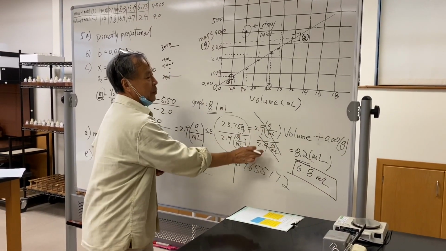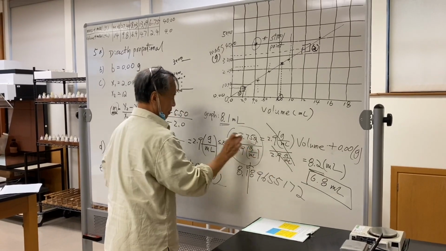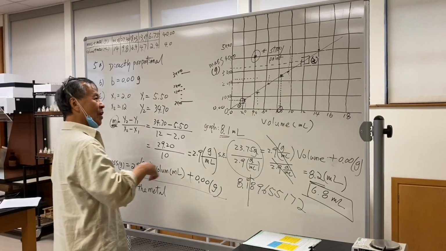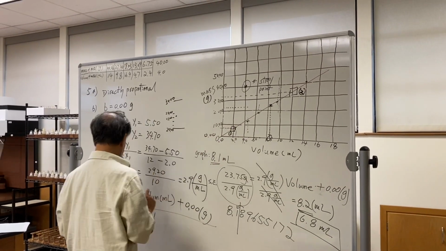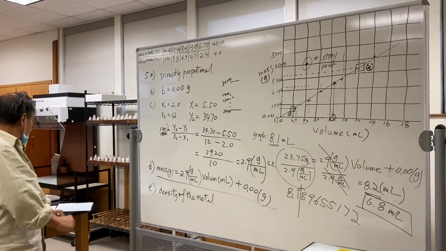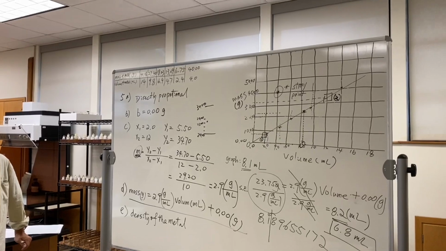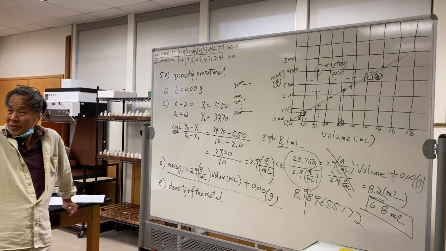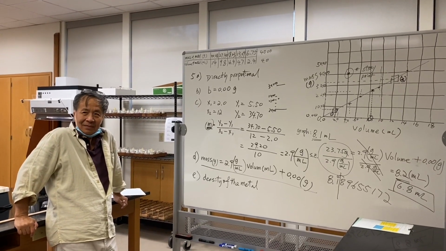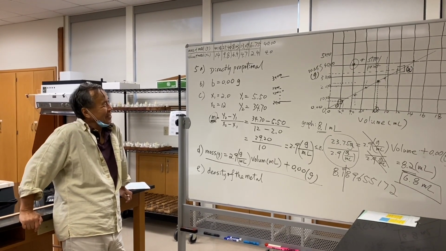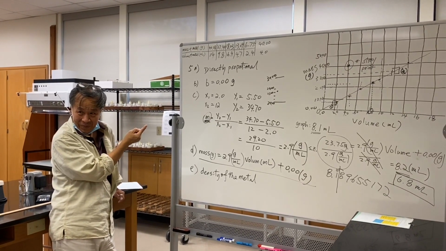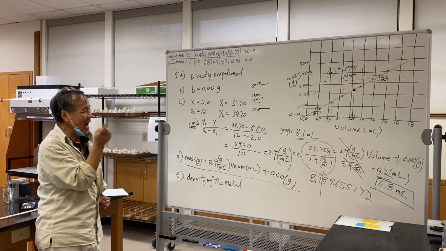Now you have a huge discrepancy between. Did you do your graph wrong, or did you do your math wrong? The correct answer is we don't know. Then what should you do? The correct answer is start it all over again. Start it all over again, all right?